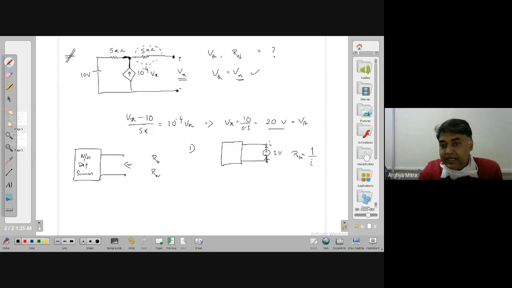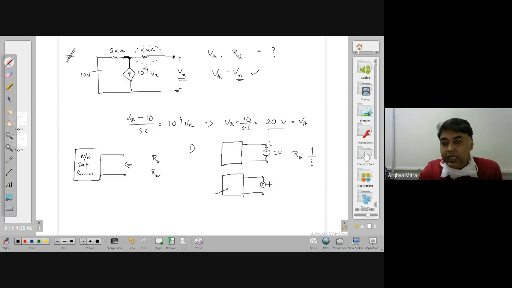So if I am expressing RTH in terms of a known voltage source, then in a similar manner, I can do this with a known current source also, right? So all the things are same here. That means you are keeping all the independent sources inactive. Dependent sources are still there.